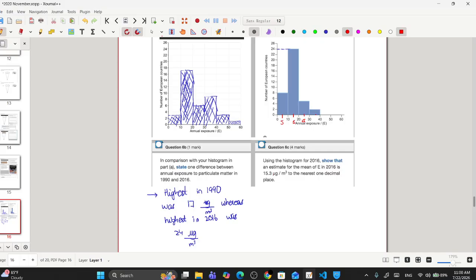Now, once we know what the means are, let's multiply them with the frequency. So there were 8 countries which had a mean of 5. There were 24 countries that had a mean of 15.